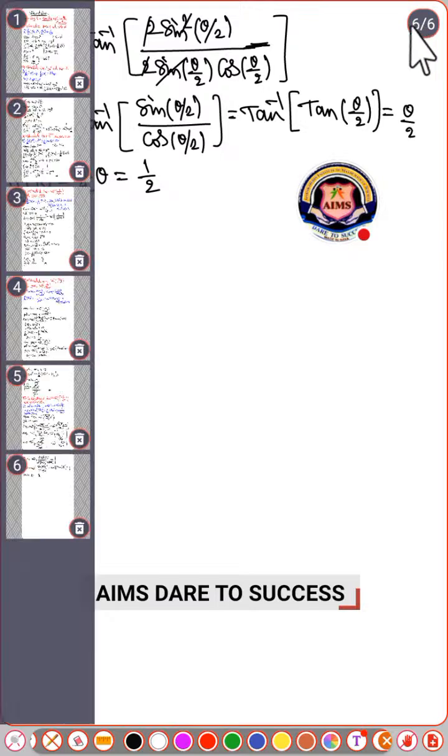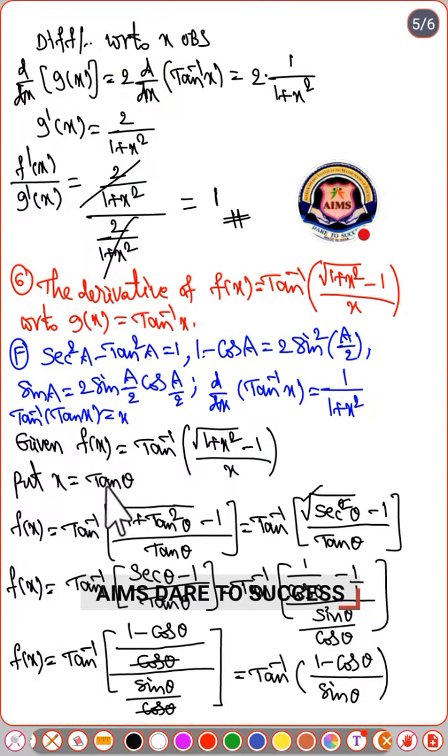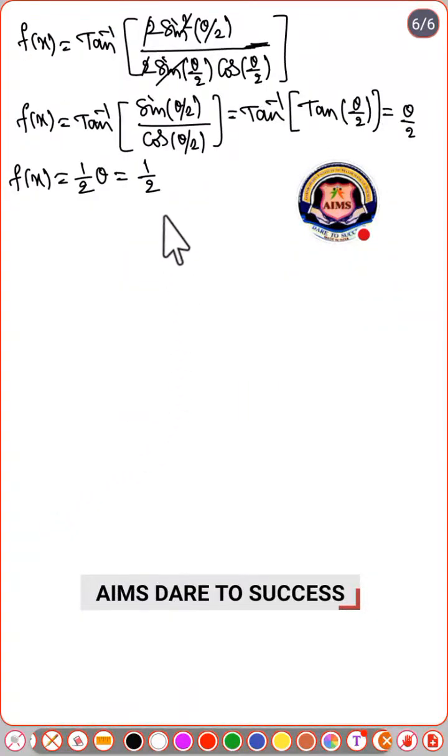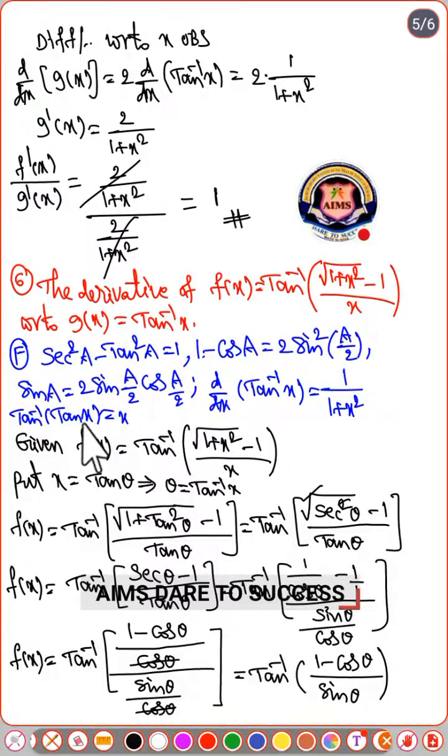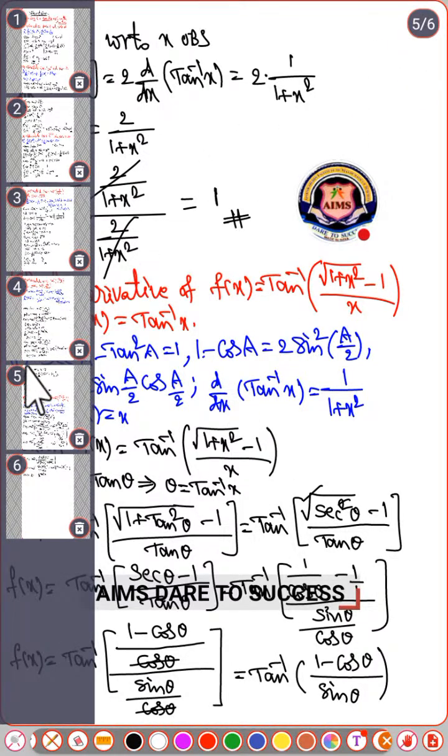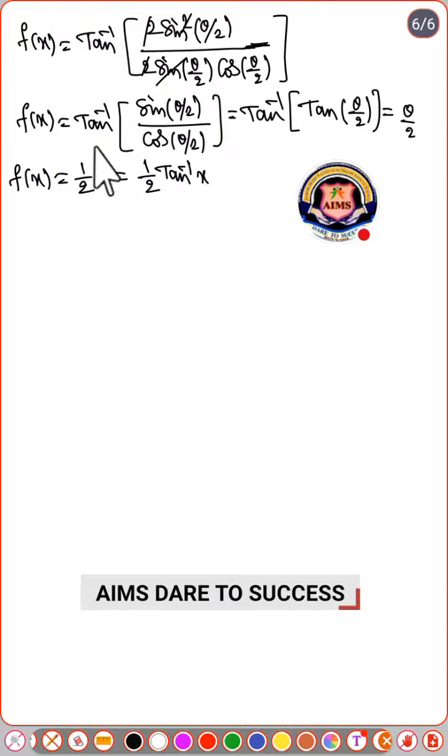Here tan theta is x, which implies theta is equal to tan inverse x. So instead of theta we write tan inverse x, that is 1 by 2 into tan inverse x. Okay, this is the f of x value they have given. If you simplify it at the last term, we get a very small value, 1 by 2 tan inverse x.